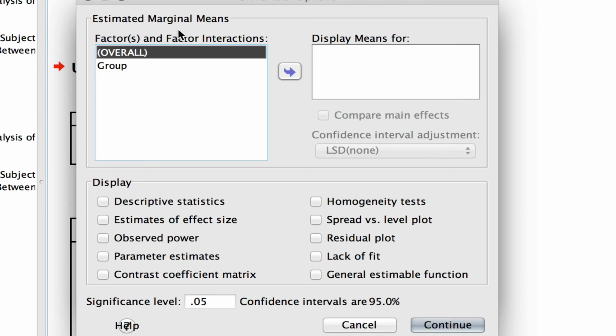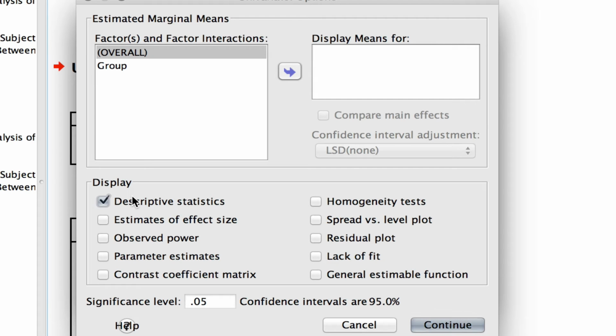So to get the means that actually apply to the ANCOVA, we might usually click on descriptive statistics here. That's going to give us the means that were estimated in our sample, but the means that are actually compared by the significance test are the ones that were given to us by the regression model.